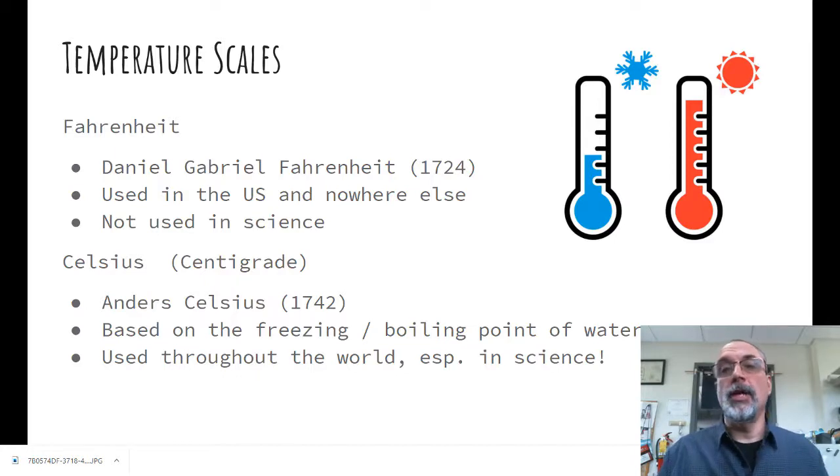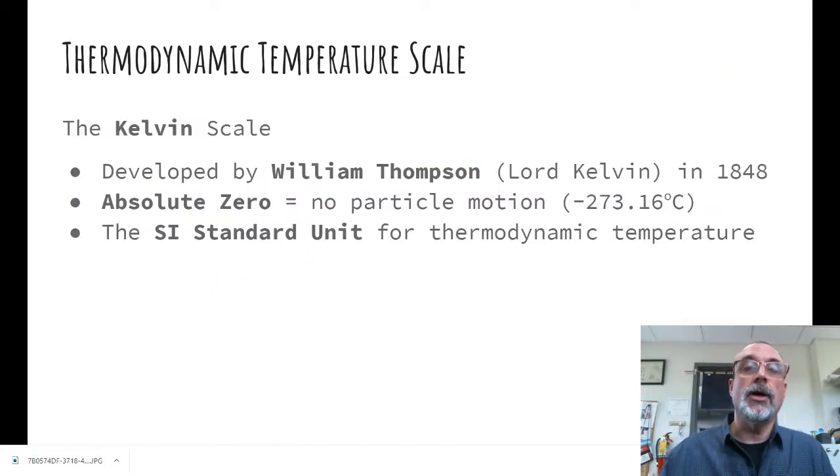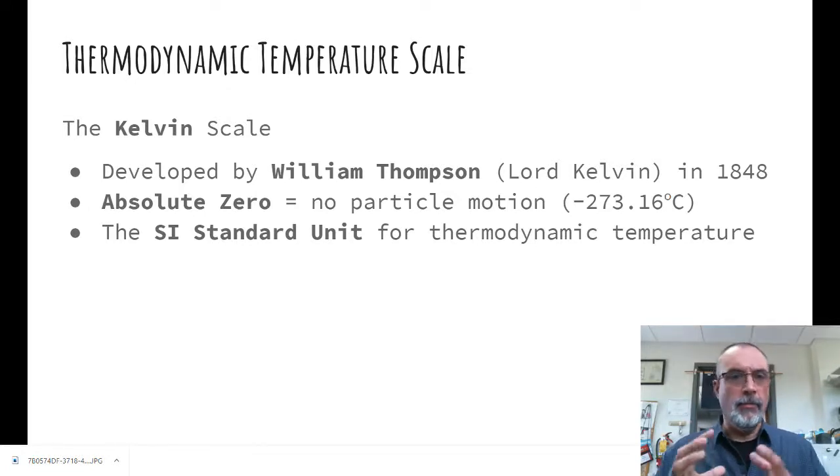The third temperature scale you may or may not have heard of is called the thermodynamic temperature scale, or the Kelvin scale. This was a scale developed by William Thomson, who was knighted Lord Kelvin. In about 1848, he was looking at understanding the idea of the motion of particles. And he defined that at 0 degrees, there should be no motion of particles. He called that absolute zero.